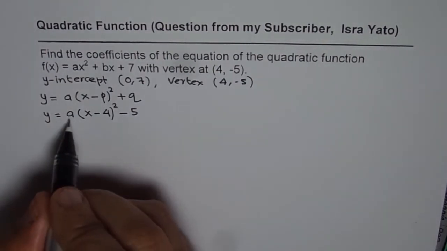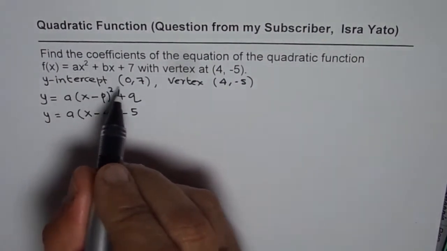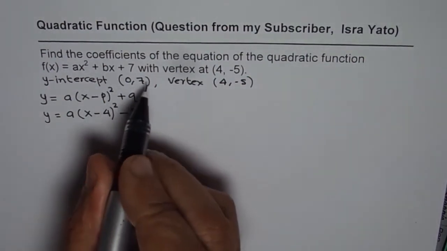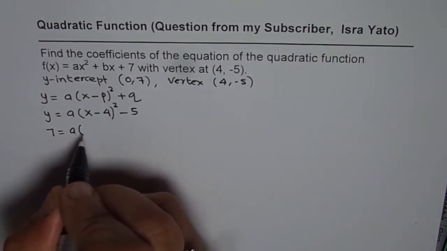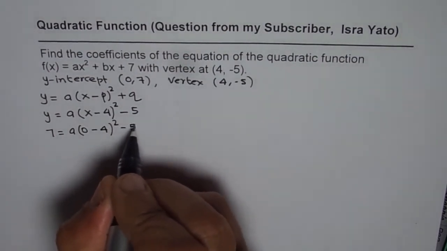To find a, we use the y-intercept (0, 7), so x is 0 and y is 7: 7 equals a times (0 minus 4) squared minus 5.